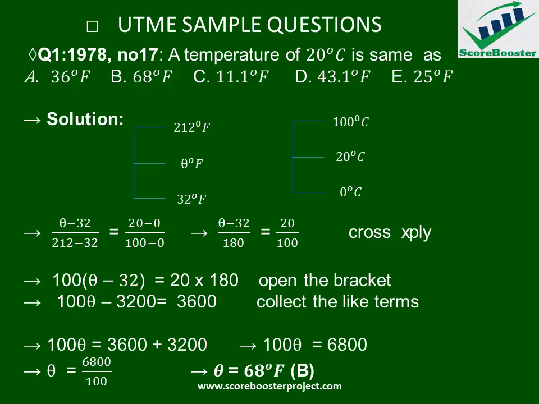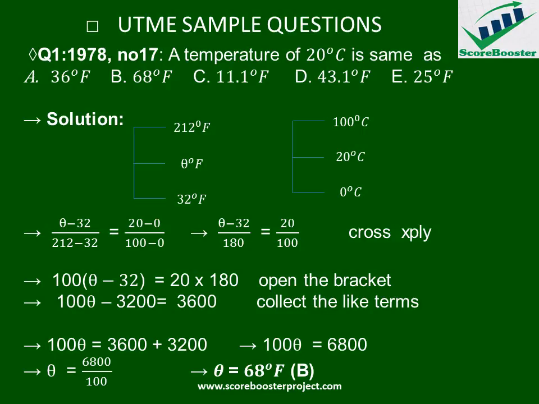Solving further, theta minus 32 over 212 minus 32, which is 180, equals 20 minus 0, which is 20, over 100 minus 0, which is 100.